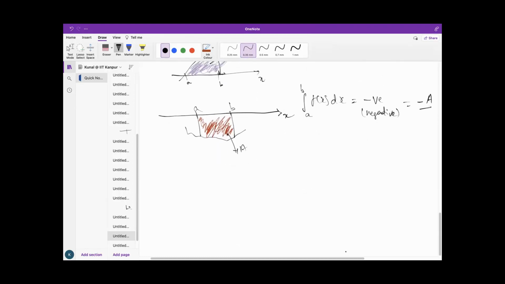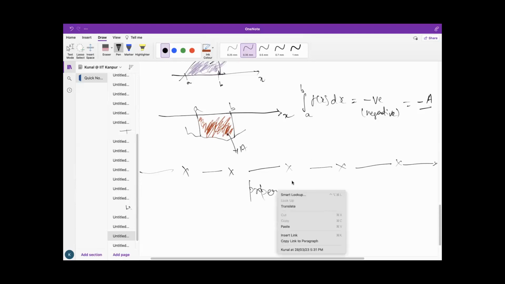Let's move on now to properties, right? What are the properties of definite integrals? So our first property will look like this: if we integrate a function which is continuous in x belonging to a to b, this is our function fx dx, we are integrating from a to b.